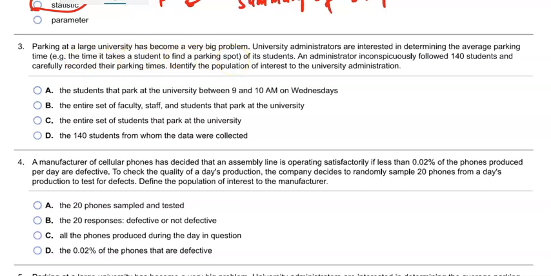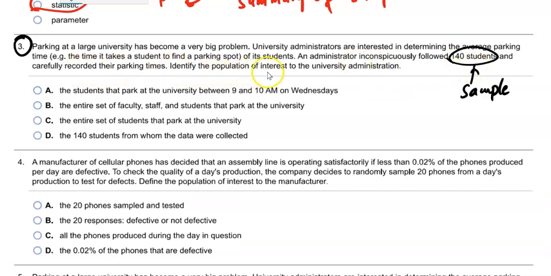That's what they want to determine, how much time students need to find a parking spot. An administrator inconspicuously followed 140 students and carefully recorded their parking time. So here 140 is the sample, and they recorded the parking time for these 140 students.